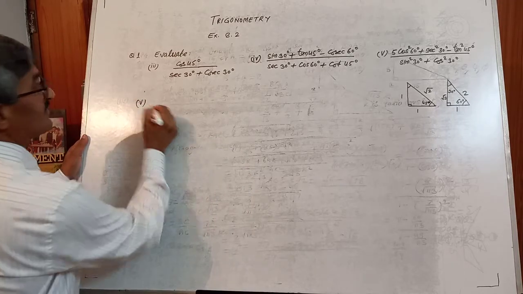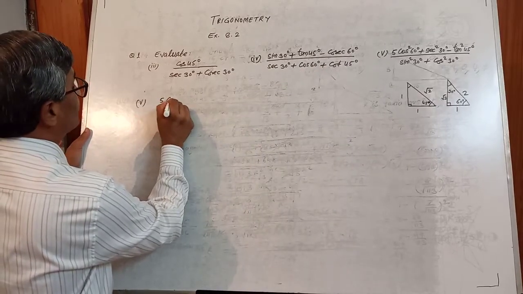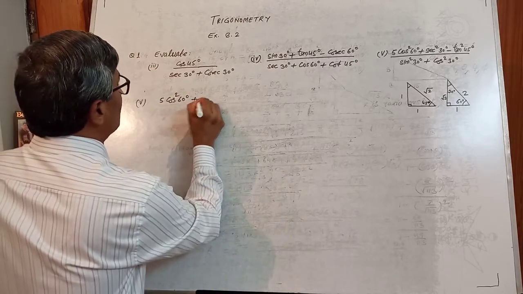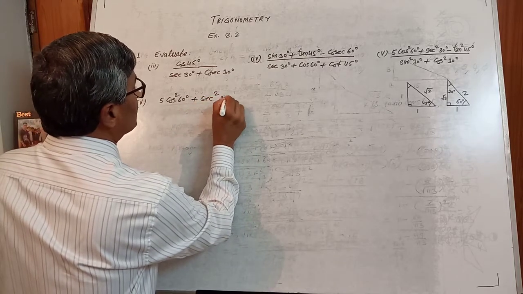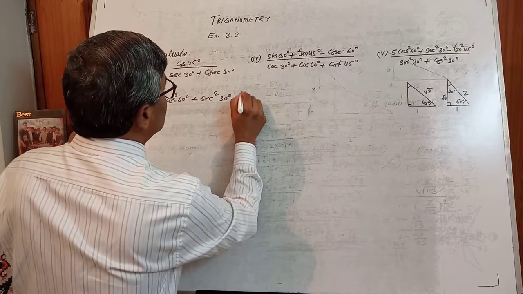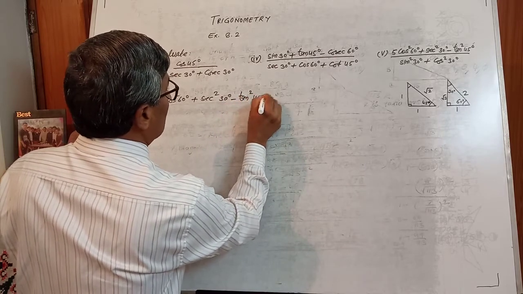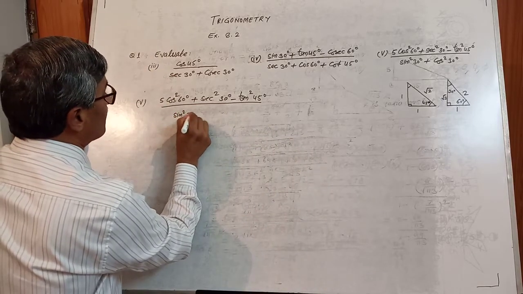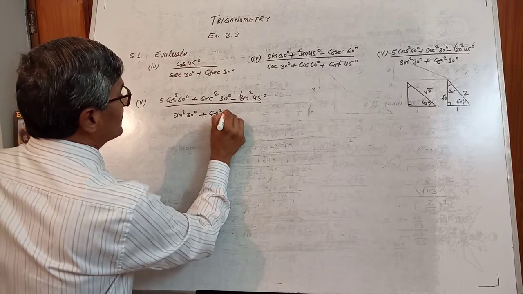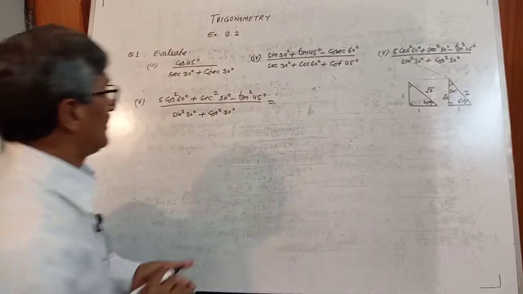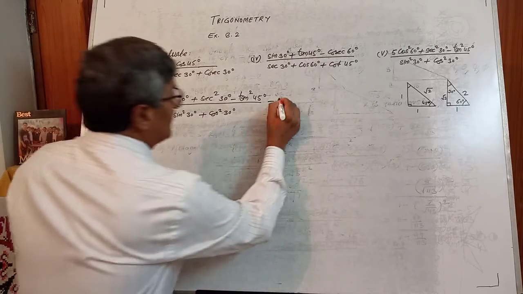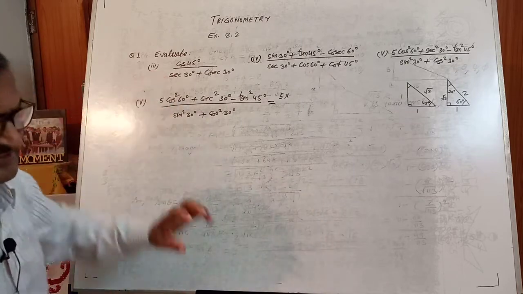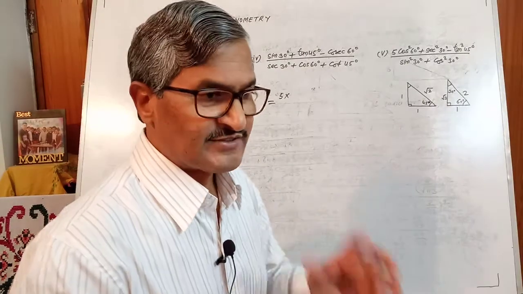Part 5: 5 cos square 60 degree plus sec square 30 degree minus tan square 45 degree, divided by sin square 30 degree plus cos square 30 degree. Here 5 is the number, leave it as it is, multiplied by cos square 60 degree, which means cos 60 whole square.